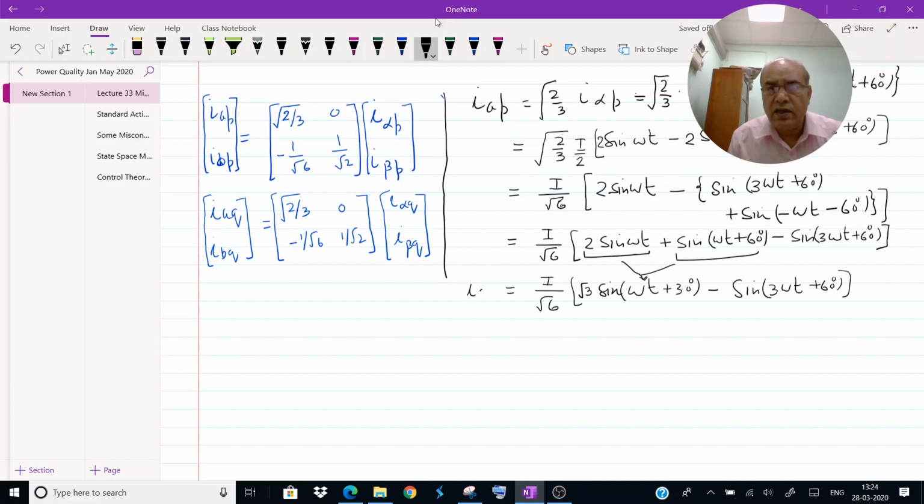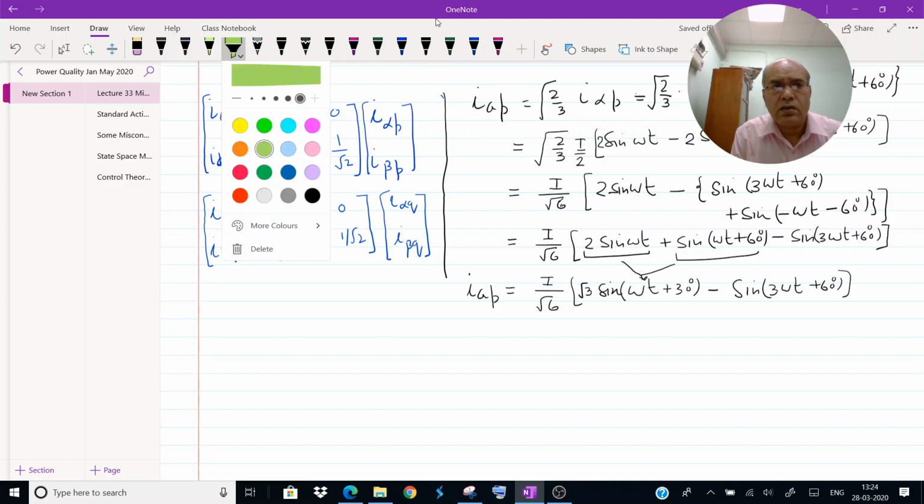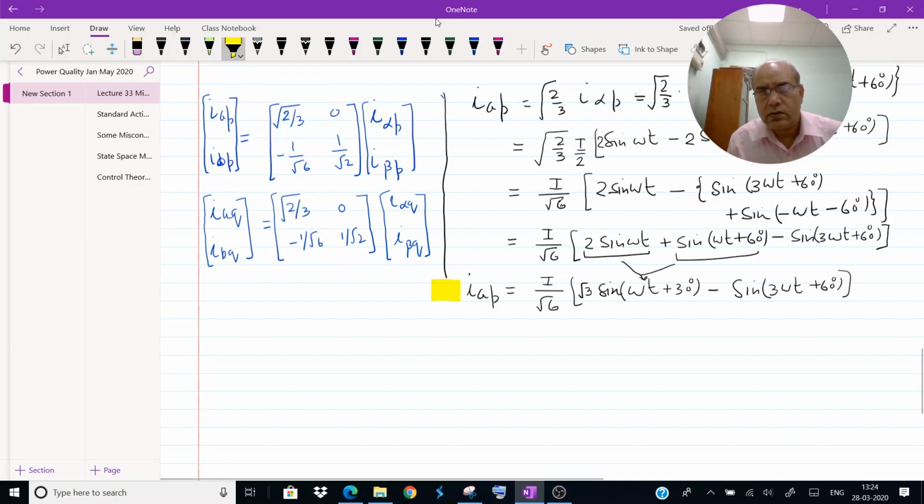This is IAP. Okay, note this. IAP is, what do you see here? That it has two terms. The one is the fundamental term.